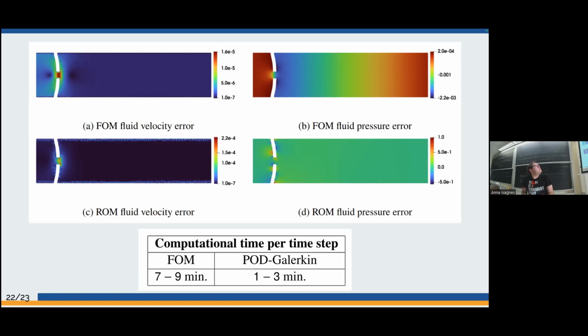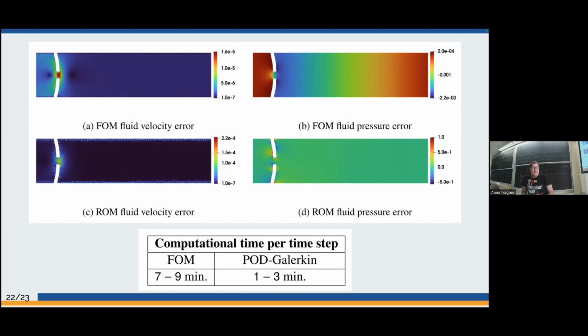It could be, it's interesting actually. For the solution of the full order model, it is the mesh we chose, which was quite fine.